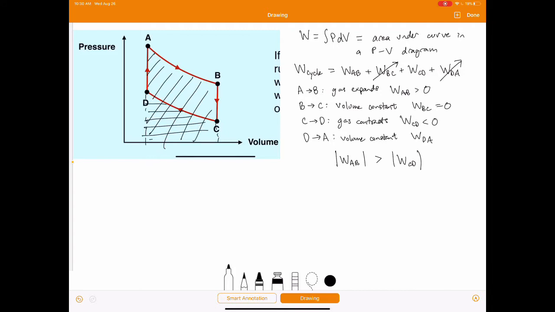So that's why we can conclude there's more work. So for the cycle then, think of it like this. We have a positive but bigger absolute value, and then a negative with a smaller absolute value, which is going to give us something positive, greater than 0. So positive work for that cycle.